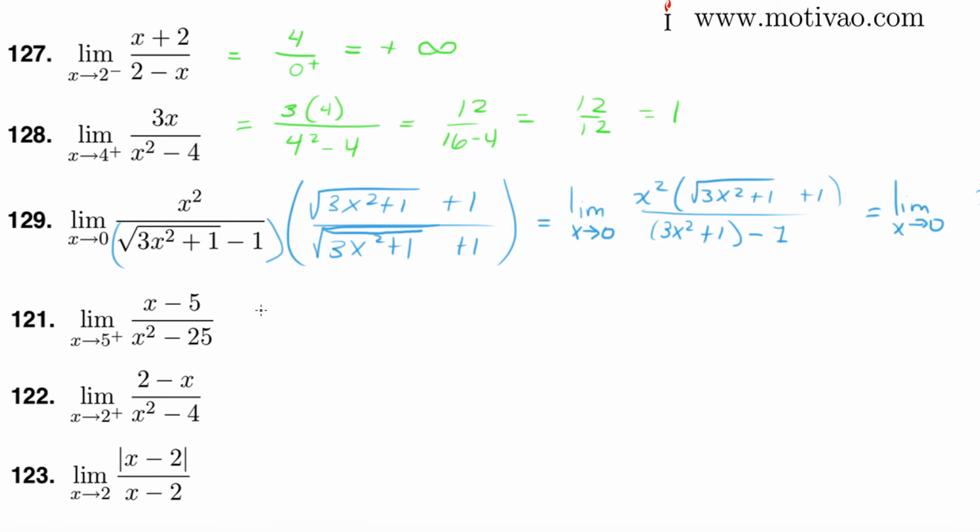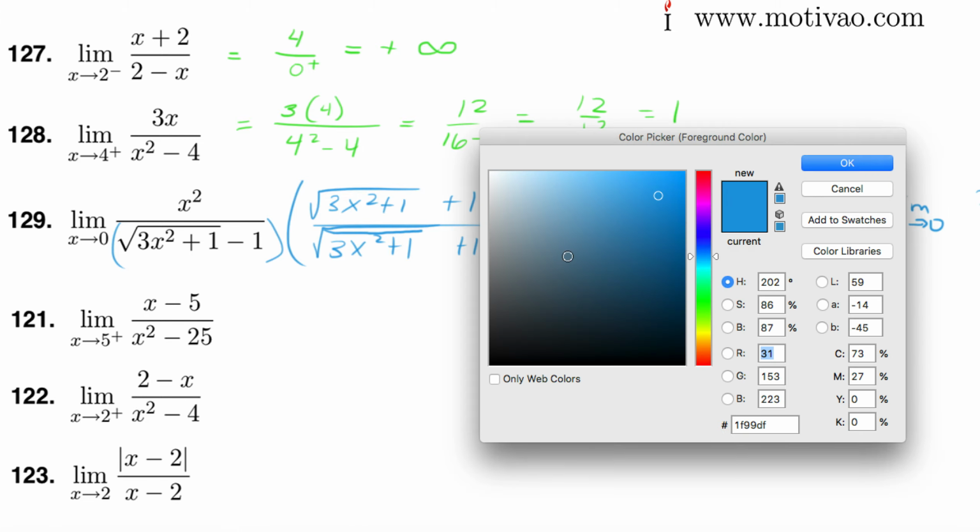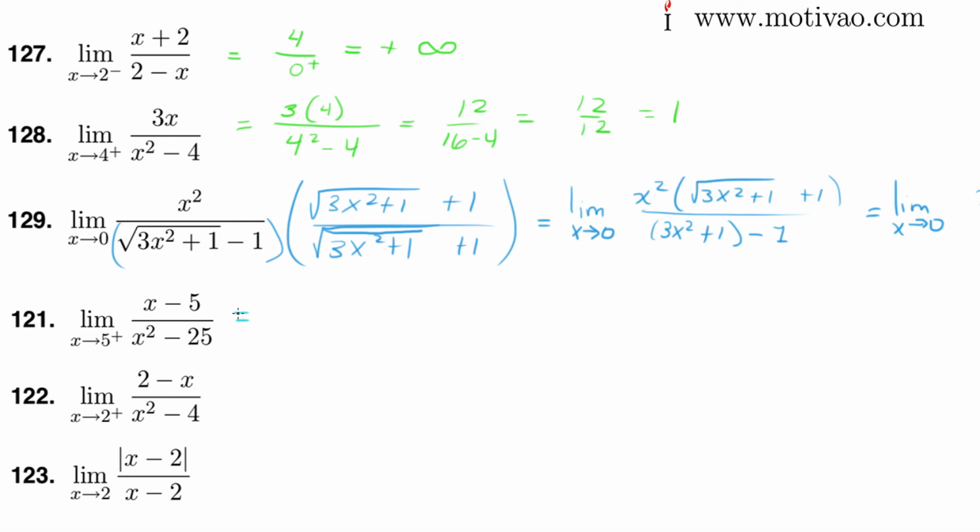For this one, notice that it's asking for the limit from the right. First, if I plug in 5, I'll get 0 over 0, so I need to factorize the bottom. Okay, so x minus 5, x minus 5, x plus 5.